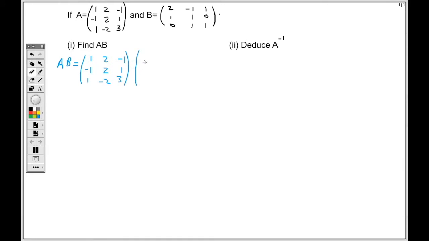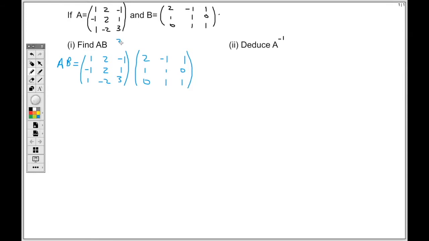Matrix B is 2, -1, 1, 1, 1, 0, 0, 1, 1. Now I don't have to check if I can multiply because both of them are of the same order and it's a square matrix.